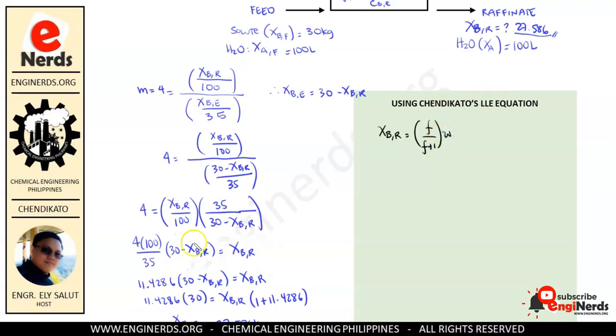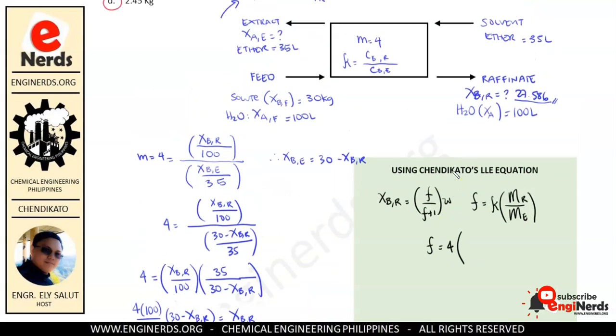No? And then, ang ating F dito is equal to our K times the amount of our raffinate solvent over the amount of our extract solvent. No? So, therefore, ang F natin is equal to K is equal to 4 times yung amount ng ating raffinate, which is 100.